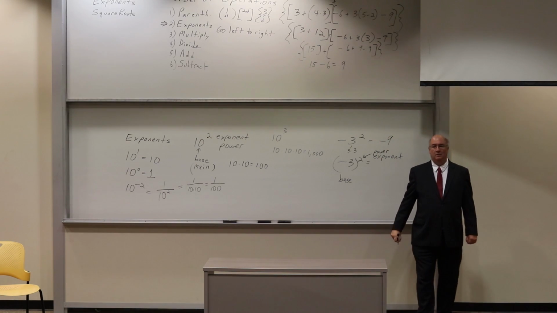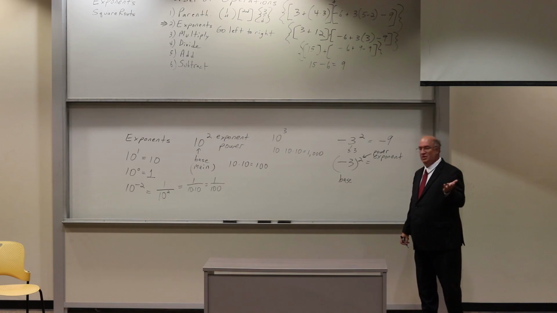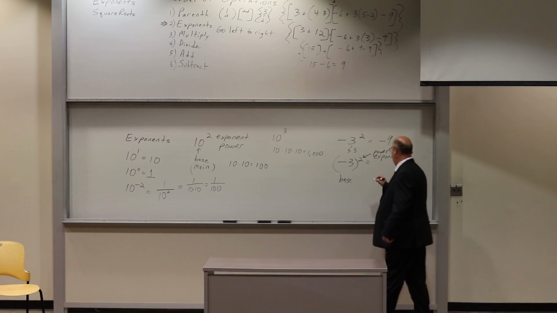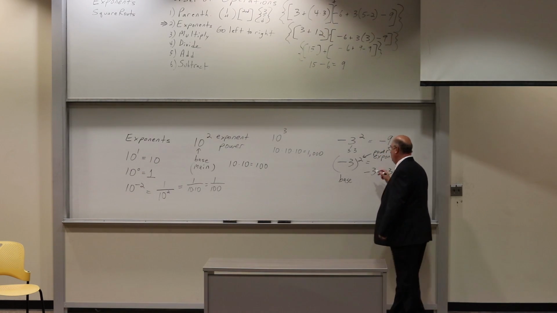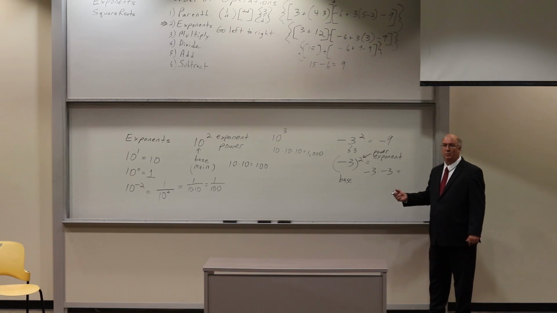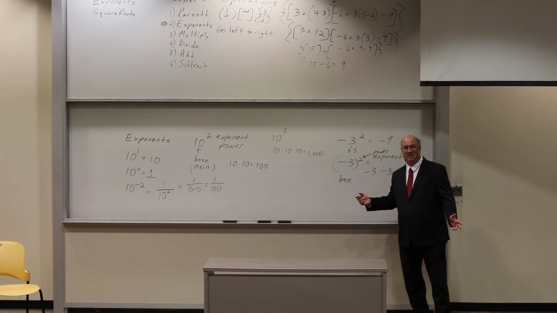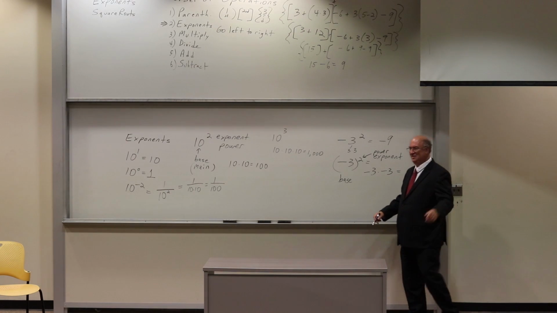Okay. The 2 superscript tells us to write minus 3 down twice, right? So we do. Minus 3 times minus 3. A minus times a minus is a plus. That's proven with calculus. We're not doing calculus today. We'll just take it for granted.